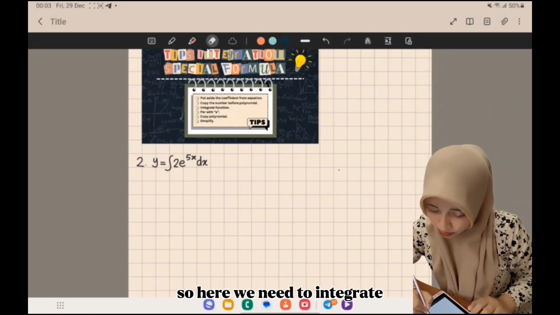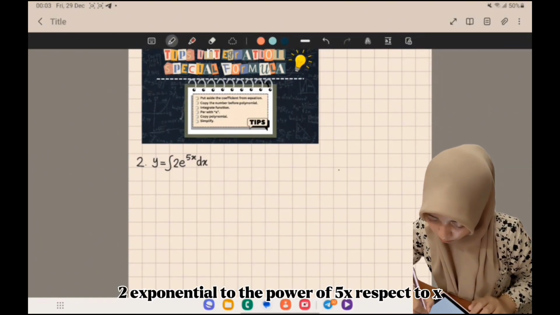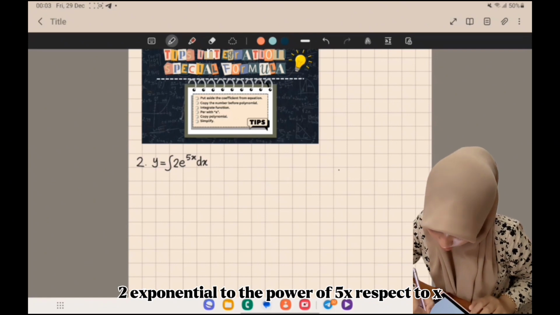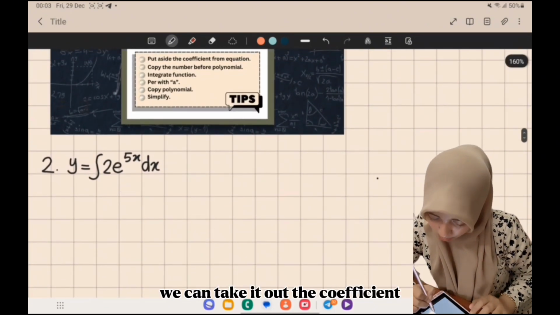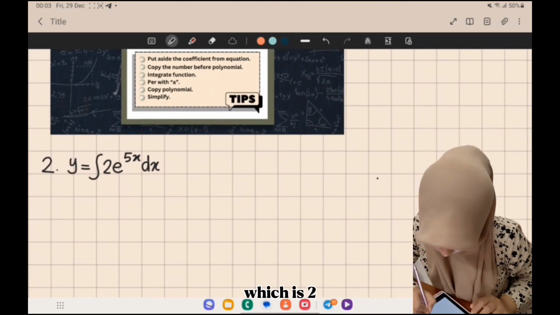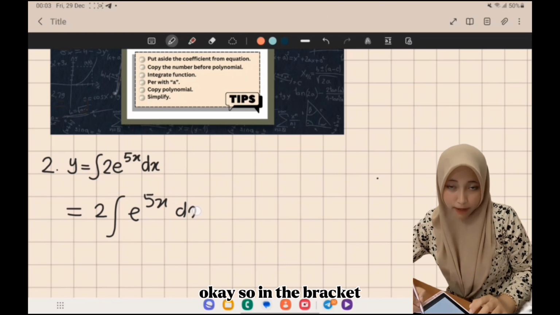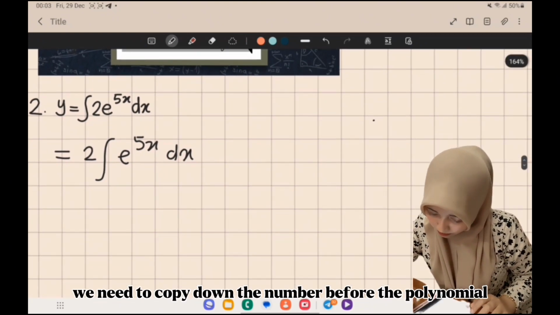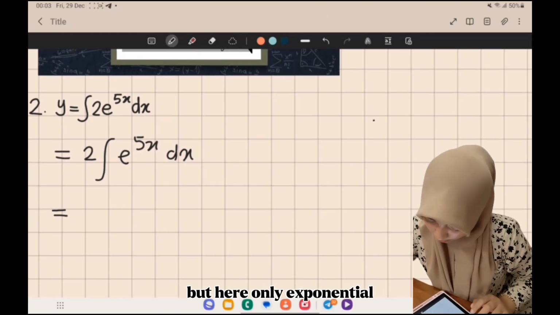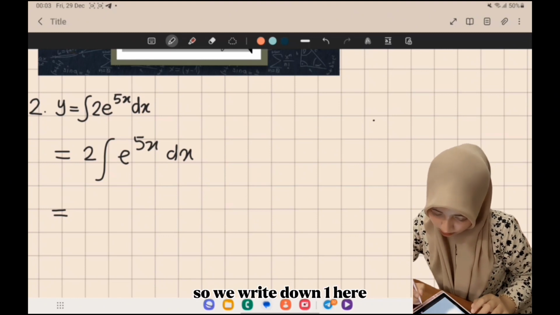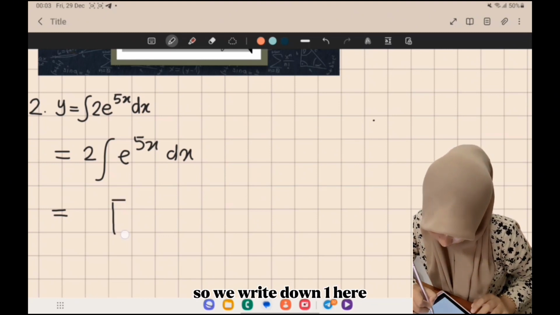So here we need to integrate 2 exponential to the power of 5x with respect to x. Okay, so as usual, we can take out the coefficient, which is 2. Okay, so in the bracket, we need to copy down the number before the polynomial. But here there is only exponential, so we write down 1 here.